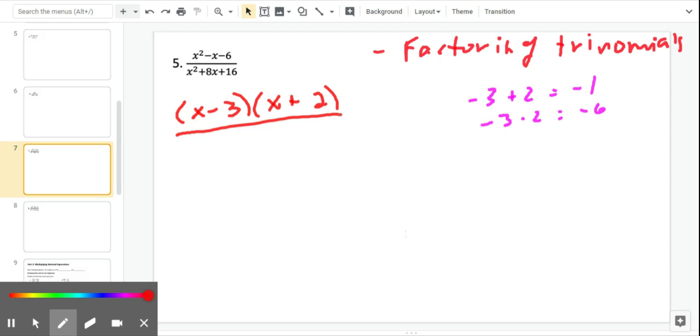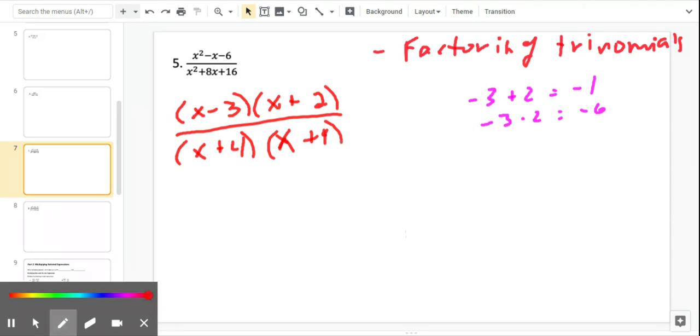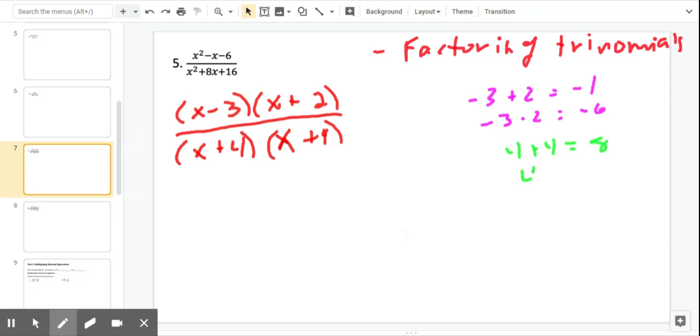Now in the denominator, we want to know what adds to 8 that multiplies to 16. So that would be x plus 4 and x plus 4, because 4 plus 4 equals 8 and 4 times 4 equals 16.